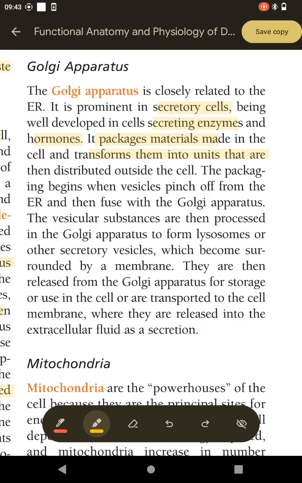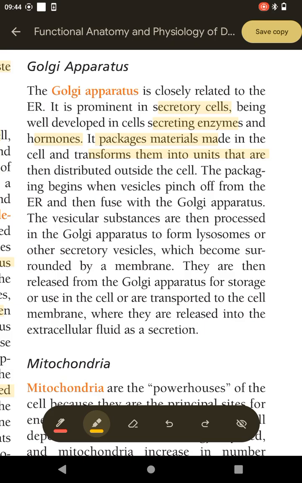The packaging begins when vesicles pinch off from the ER and then fuse with the Golgi. Means the packaging starts when the vesicles pinch off from the ER and fuse with the Golgi, so it is closely associated with the endoplasmic reticulum.